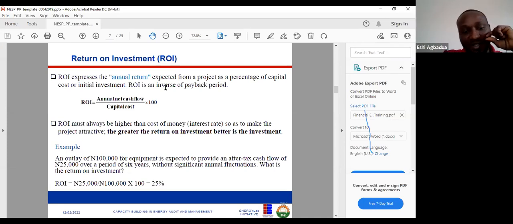Payback period is in years, return on investment is really a percentage. And the percentage should, of course, be higher than the normal interest rates if you are borrowing money, or based on the criteria that's also acceptable in the company. So if your return on investment is 20%, you might say it's not a worthy project as compared to a higher return on investment.